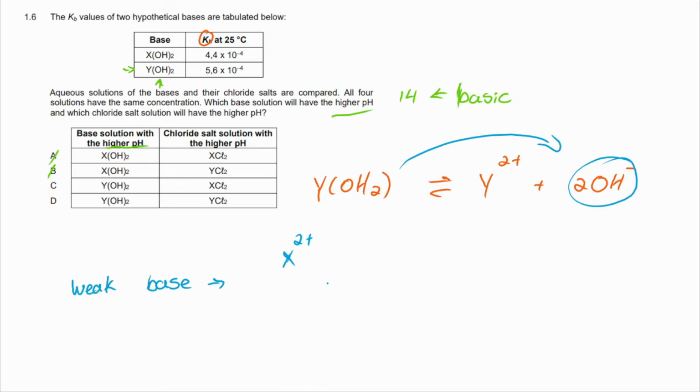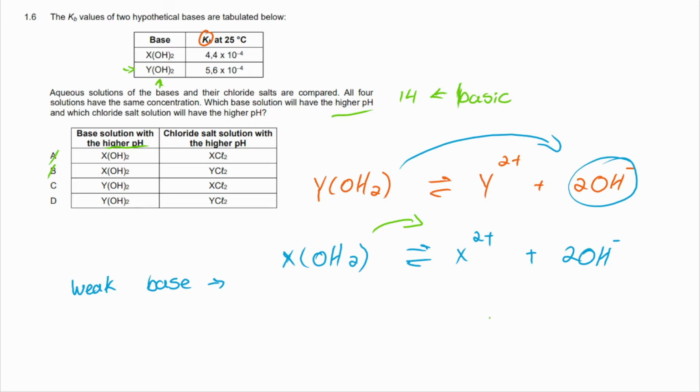Let me actually show the dissociation of X hydroxide. It's also a two-way reaction where we have this plus 2OH minus. So we know that the forward is not that favored, because the Kb value is low. So we're not actually going to be producing a lot of these hydroxide ions.